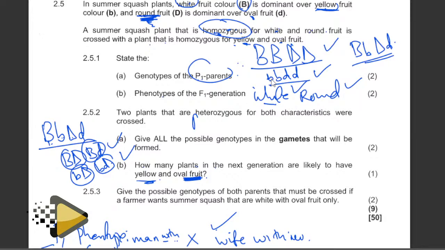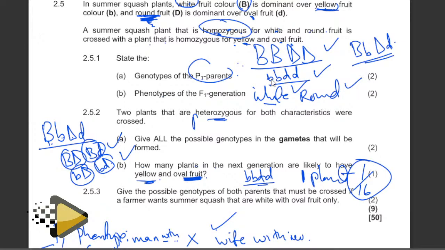Okay, now they're saying both were crossed, heterozygous. So automatically when you cross, you'll find that the yellow and oval fruit is homozygous recessive, meaning small b, small b, small d, small d. So the answer here is going to be one plant, or maybe 1 out of 16.